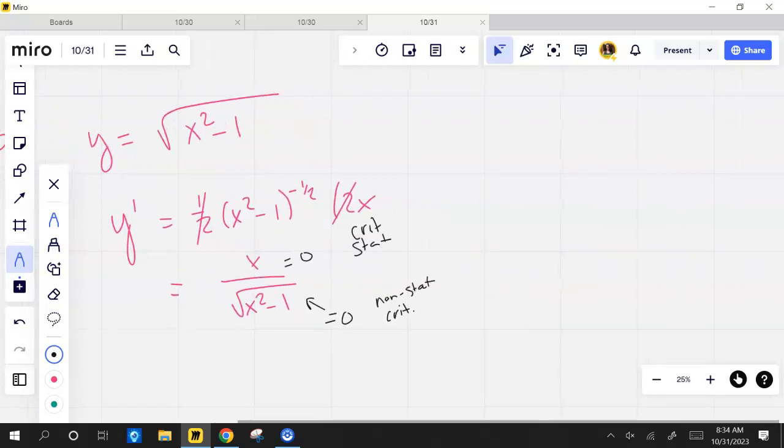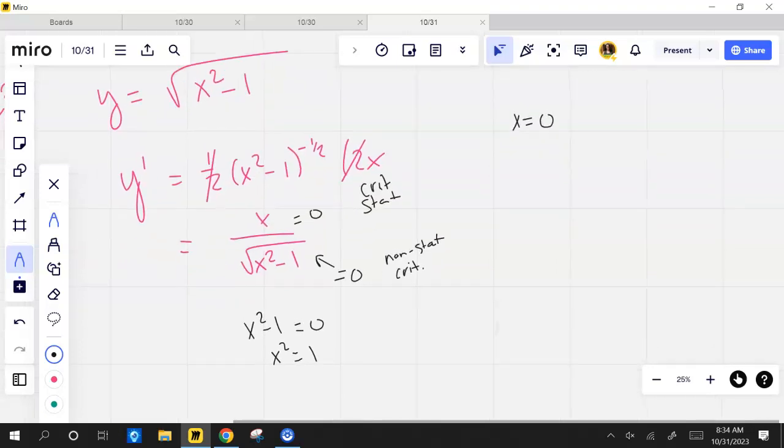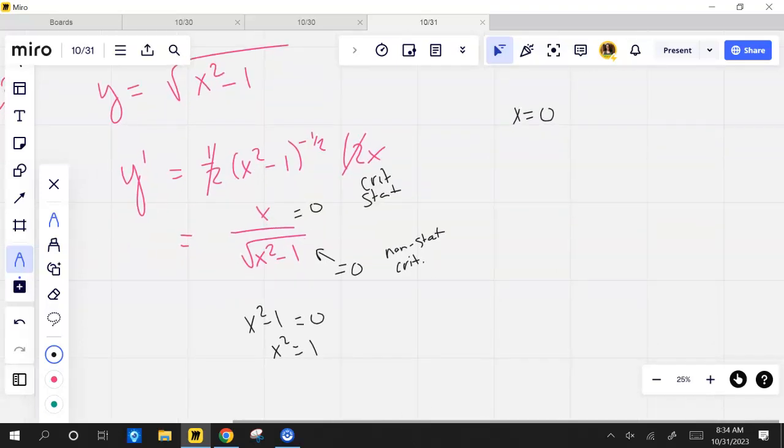So I have x equals 0. And then where does this equal 0? Actually, I need it to be greater than. I need to think about the domain, right? Are y'all with me? Because it needs to be positive.